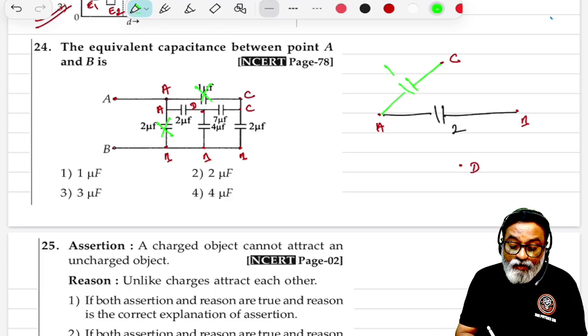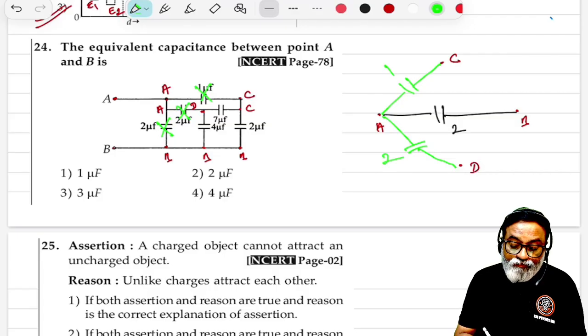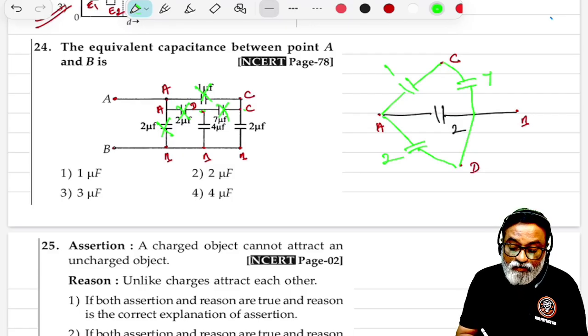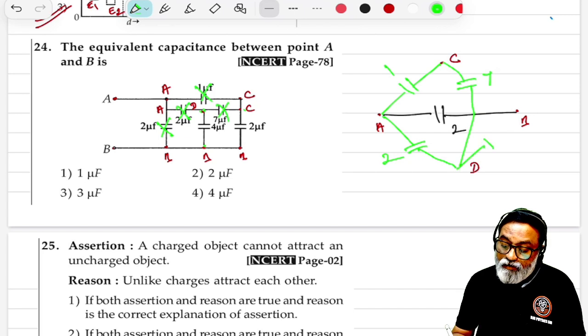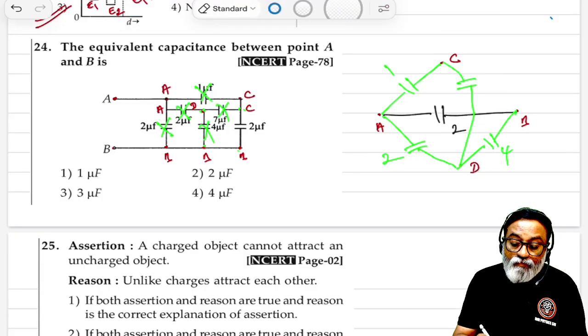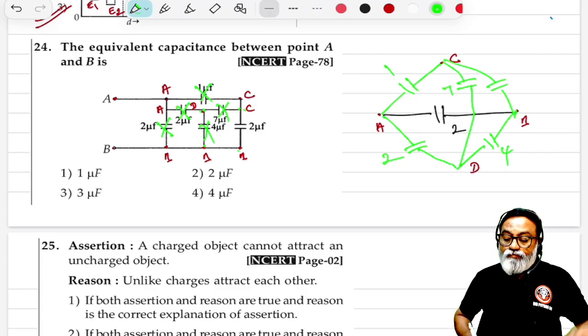Next one, here it is in between A and D, A and D 2. Next, this becomes D and C, D and C 7. Next, this is D and B, D and B 4. Next C and B, C and B, this is 2.